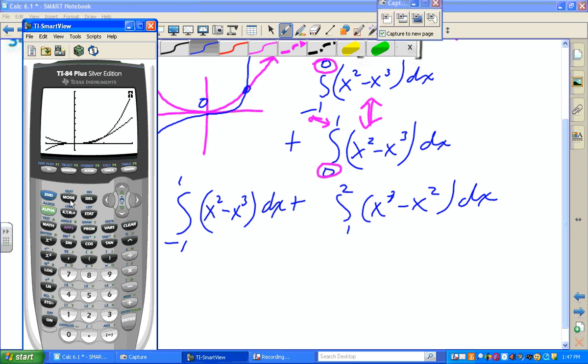Second, calculate. Quit. Second, enter. Delete. Bars. Minus bars. Function y2, comma x, comma -1 to 1.